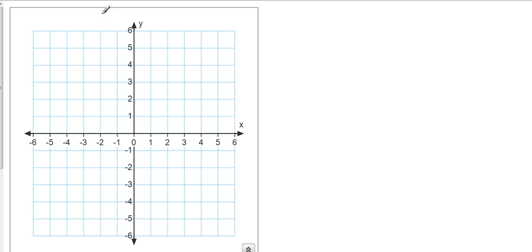All right, let's go to number 38. Number 38 is y equals 3 halves x minus 3. This is one where sometimes we get a little intimidated because we see that fraction.